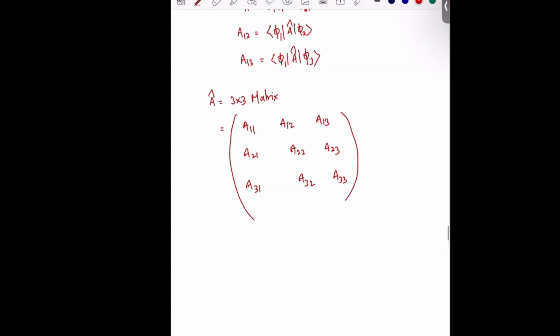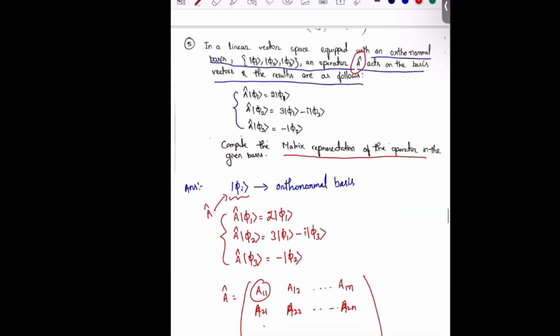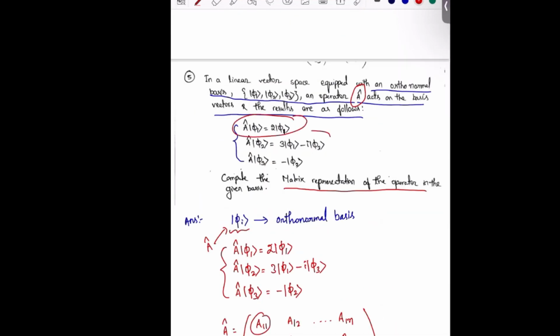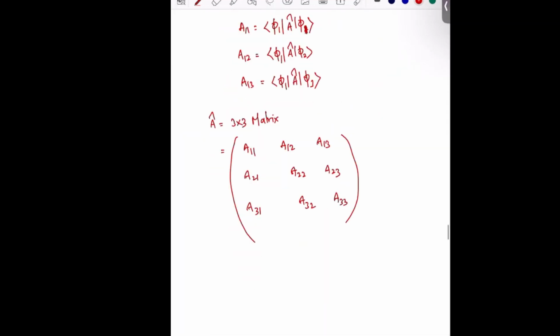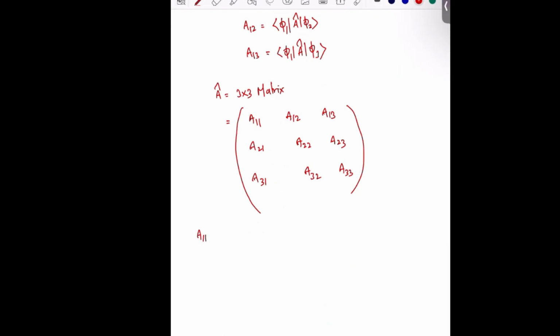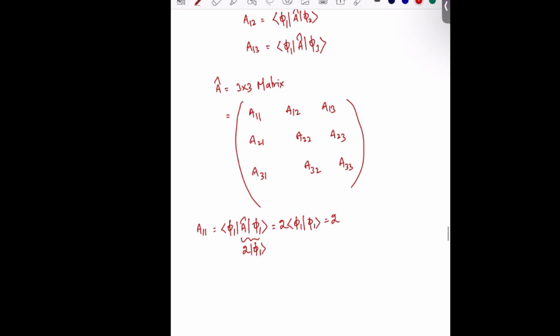So just use these equations that are given. If you want to find A11, you have to take phi 1, A phi 1. Now this one is given to you as 2 times phi 1. So this will become phi 1, 2 times phi 1. So this is simply 2, right?